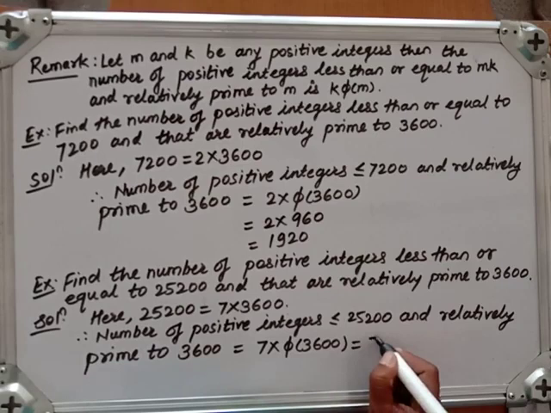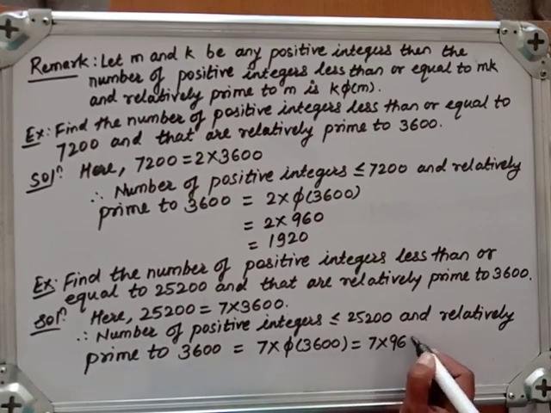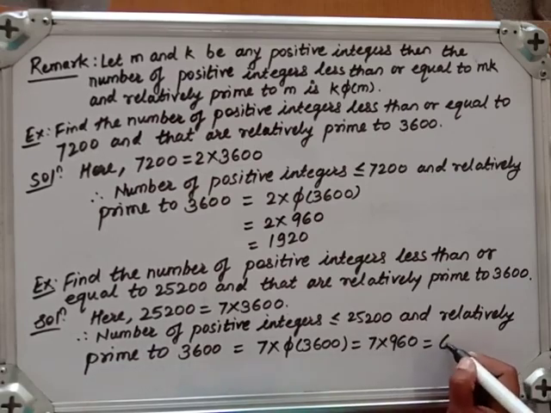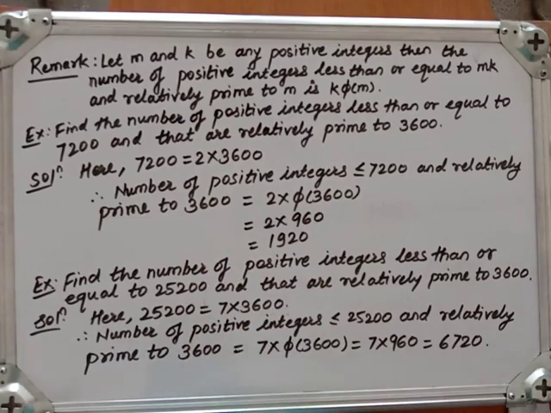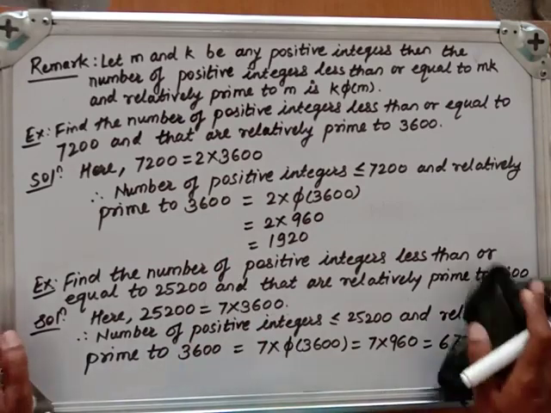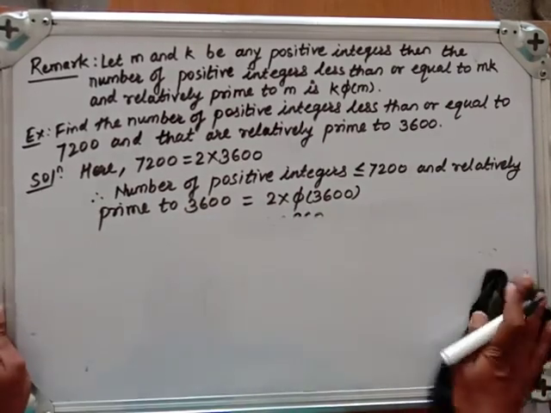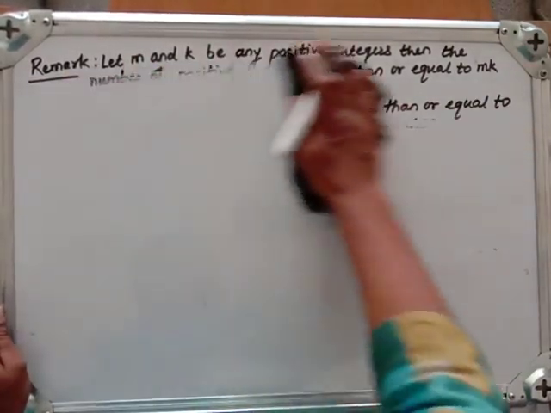So that will be 7 into again 960, and that is 6,720. As such, using this remark we can solve the examples. Now let me go further. We have to take a few more examples.